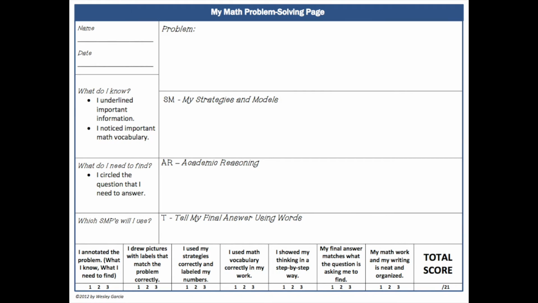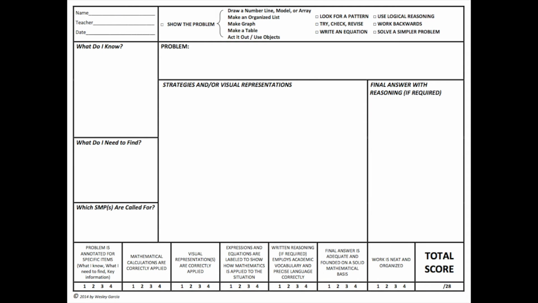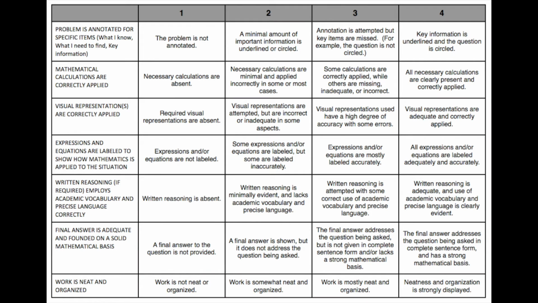For this, what I'd like to do is share with you a rubric that I developed at my other school. I have a K-2 version as well as a 3-6 version. If you like it, you can adapt it and even modify it to make it work for you. When it comes to math writing, or any writing really, the use of a rubric is definitely the way to go.